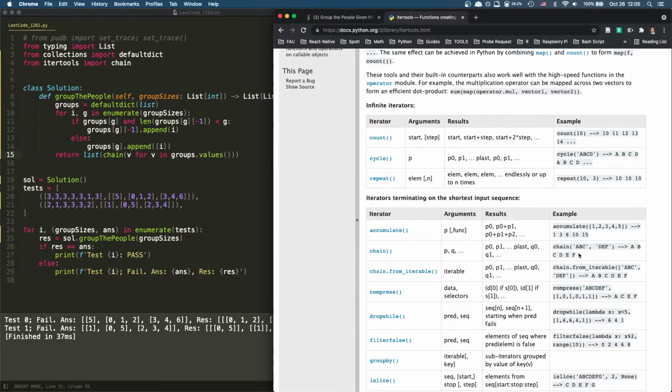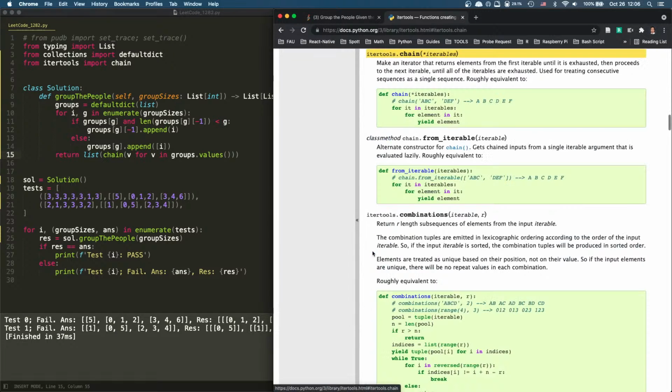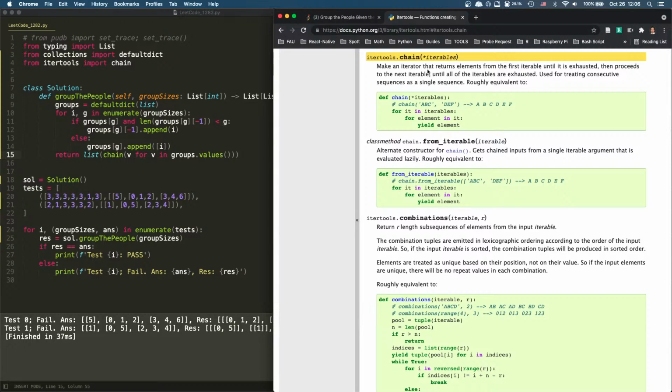So I need to chain. Hold on. Make an iterable that returns elements from the first iterable until it is exhausted, then proceeds. Okay, so what is our return value? Our return value is a list of lists, right? So in order to chain it, we need to deconstruct it.